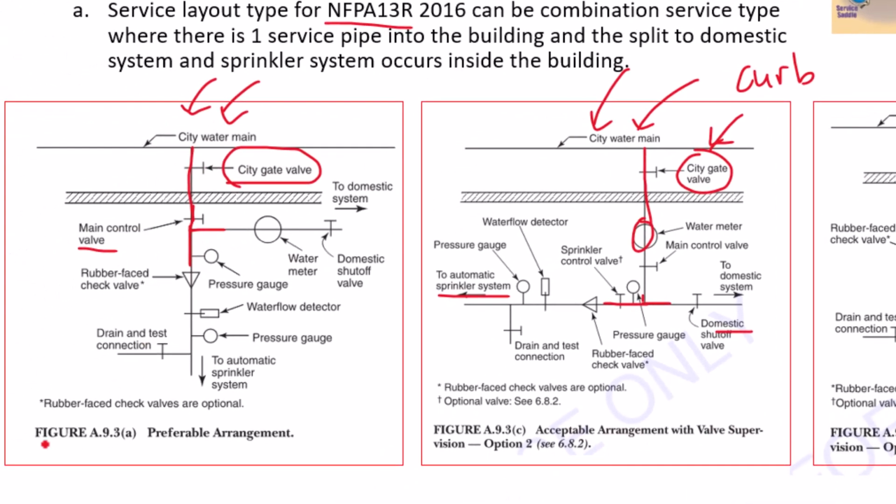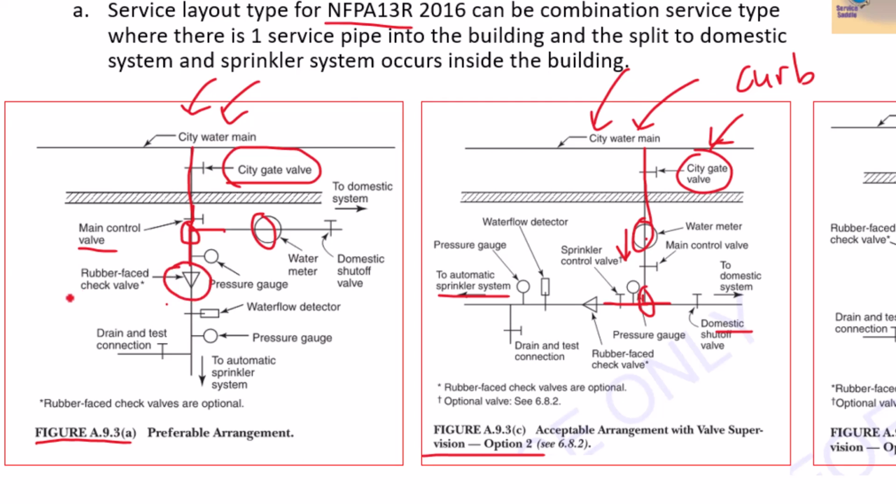So if you have this type of combination service, which makes the tap upstream of the water meter rather than downstream of the water meter, just as in this case here, where the connection point is downstream of the meter, you would have to use a double check valve.